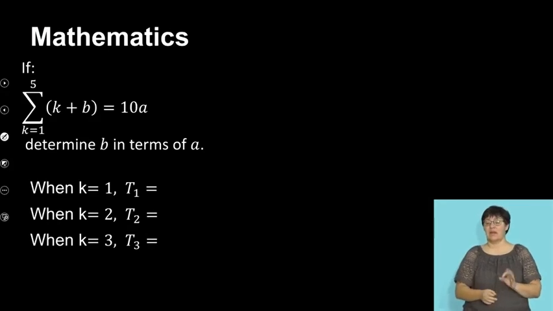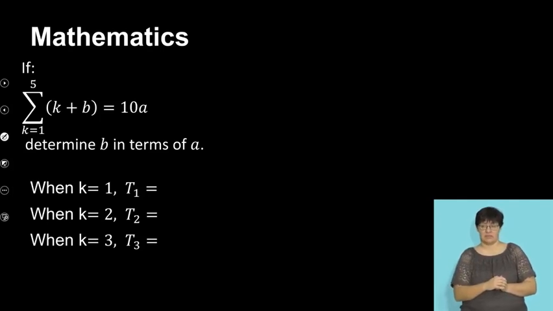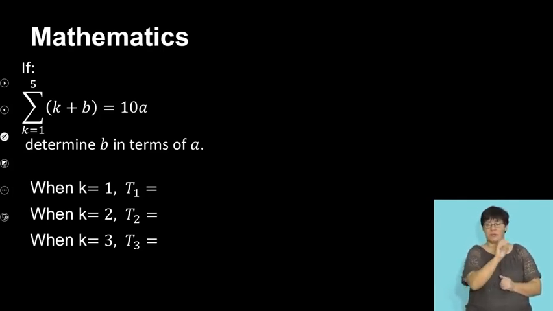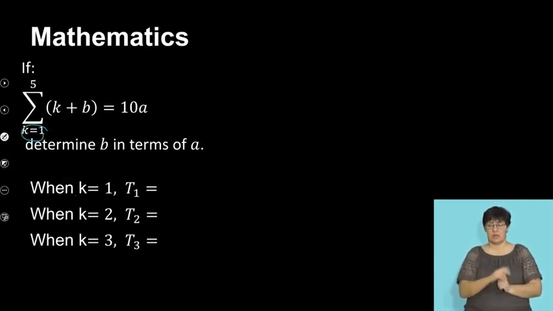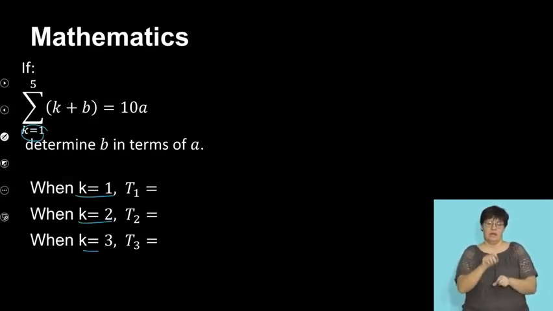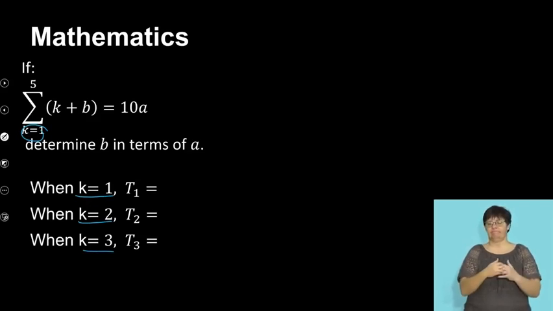So, if the sigma sum of k plus b is equal to 10a, we need to determine b in terms of a. So, we're first going to substitute in k is equal to 1, k is equal to 2, and k is equal to 3 in order to actually determine the first 3 terms of the sequence.